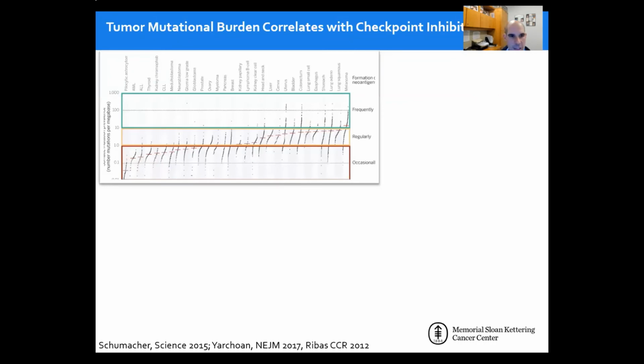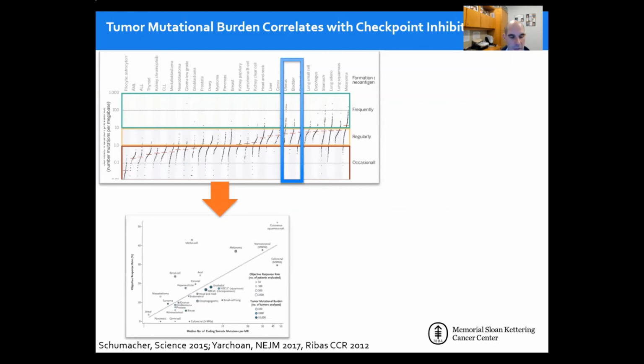This is pretty interesting because we know that bladder cancer, and this is muscle invasive specimens, has a very high mutational burden, which is thought to lead to potential formation of tumor neoantigens that could be recognized by the immune system. This is particularly relevant in immune checkpoint treated tumors.